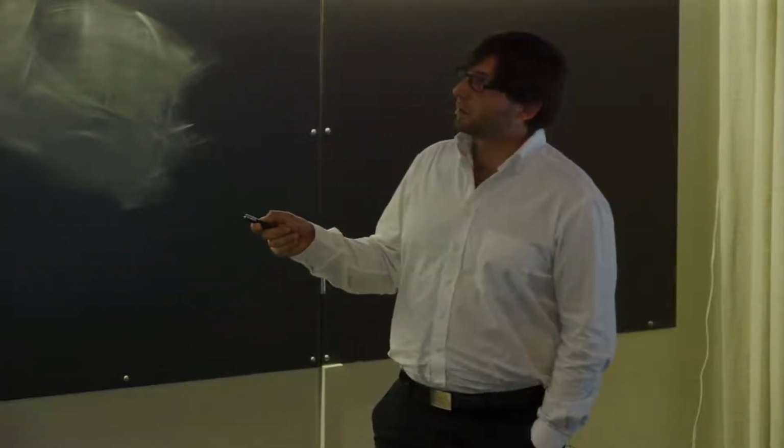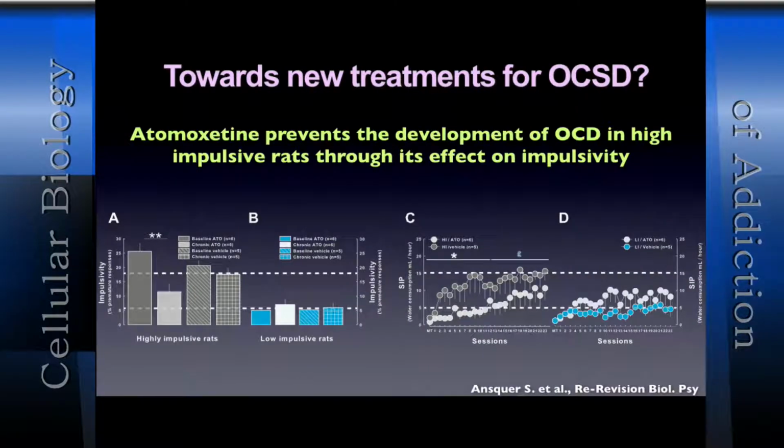So low impulsive animals would develop polydipsia, but not that much. High impulsive animals would develop high levels of polydipsia. Now, if you give chronically atomoxetine, a noradrenergic selective reuptake inhibitor that has been used successfully to treat ADHD, it decreases impulsivity, but so far it's never been used in OCD.